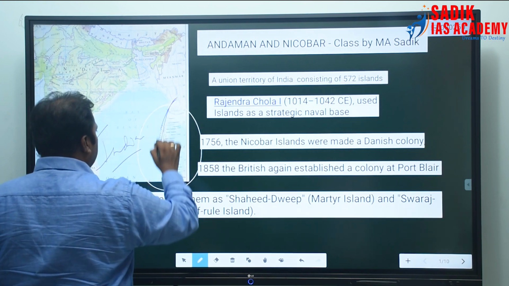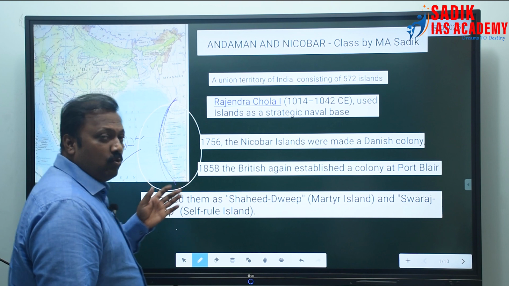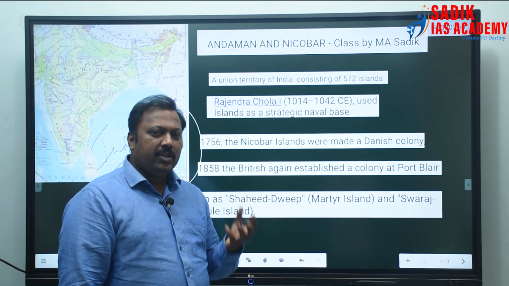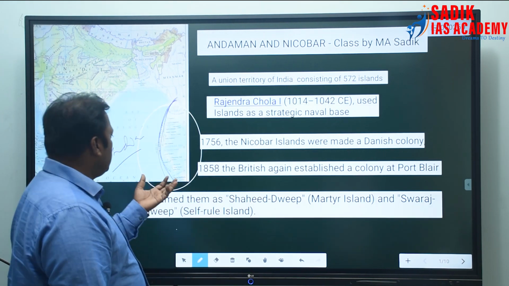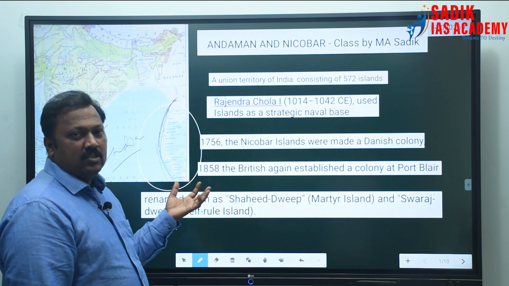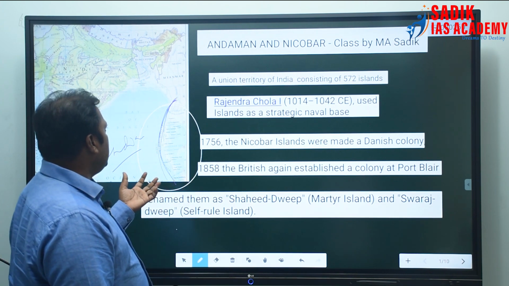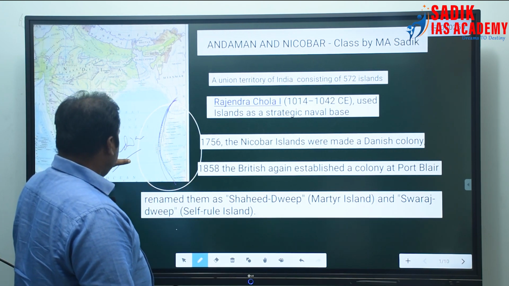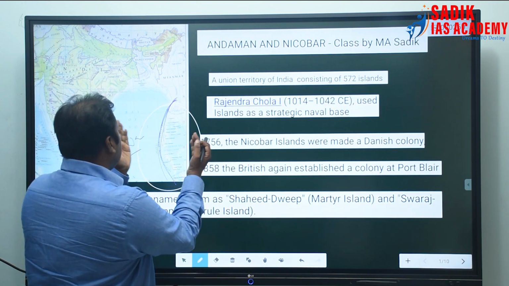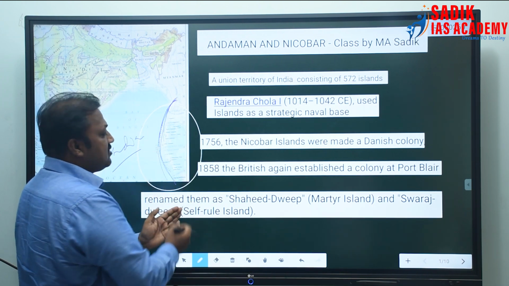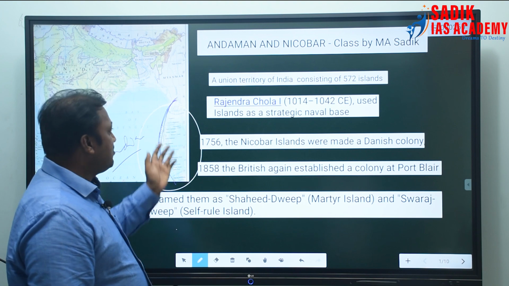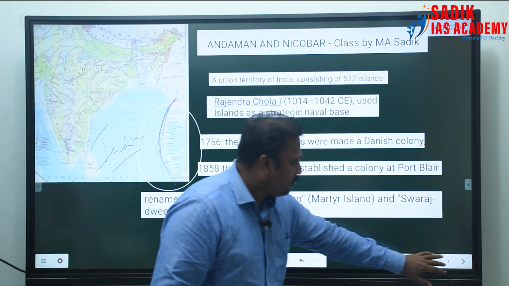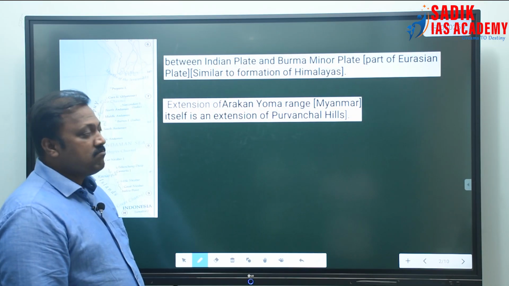So this is a plate margin. The reason why there is so much tectonic activity is due to this plate margin. So this Andaman Nicobar is a plate margin, right? So this Indian plate and the Burmese plate come together and interact here, resulting in disturbances here, right? So let us see the proper formation of Andaman.